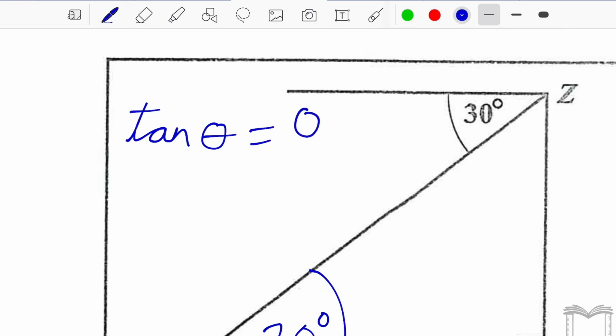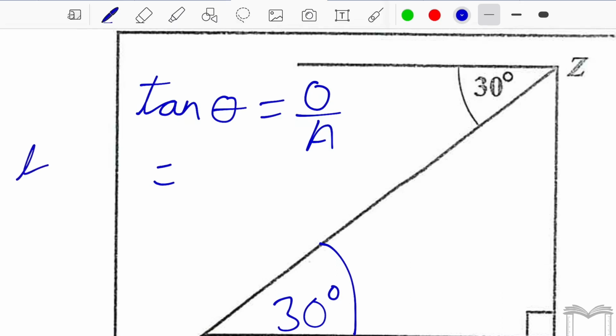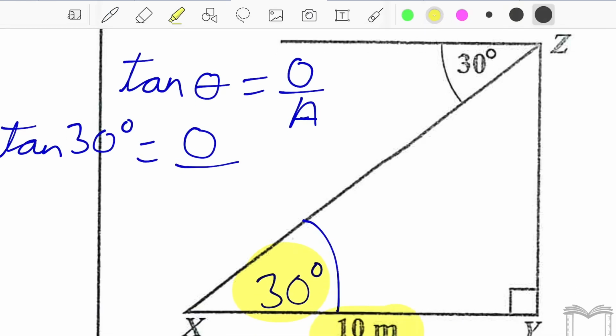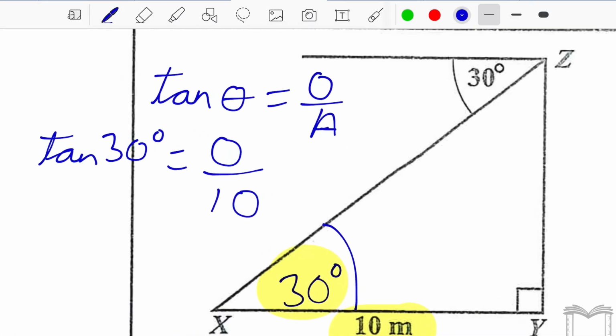Tan theta is equal to opposite over adjacent. So we are using this angle here, so tan of 30 degrees is equal to opposite, which we do not know as yet. We'll just put that as OPP over adjacent, which is 10 meters.